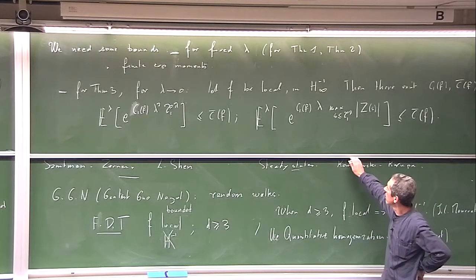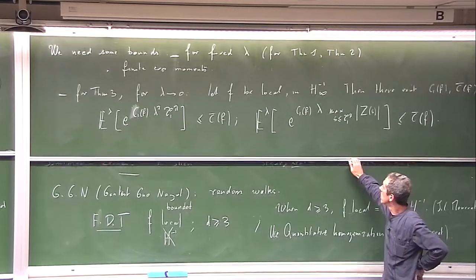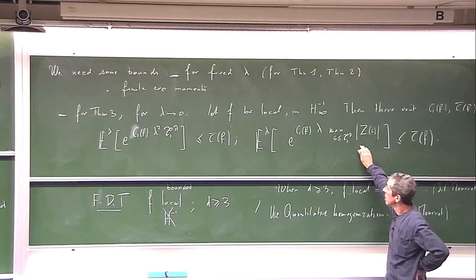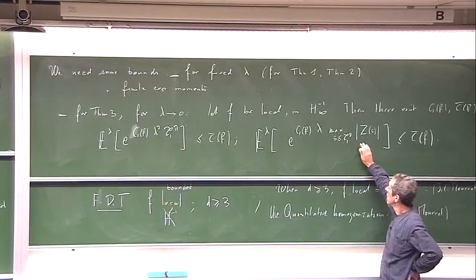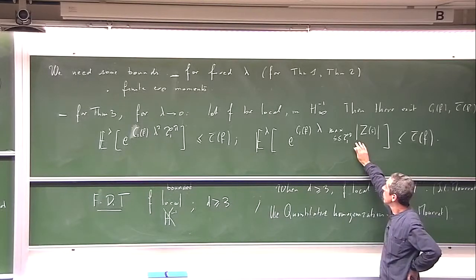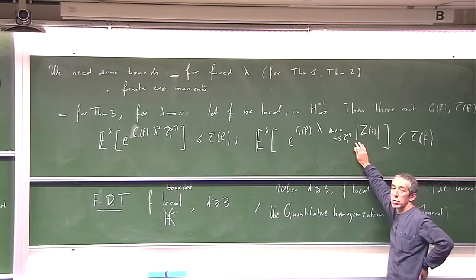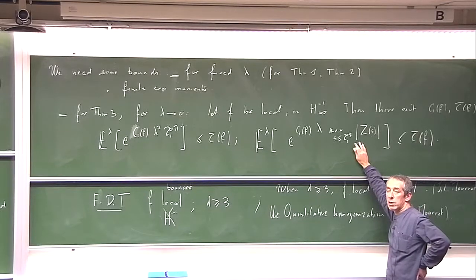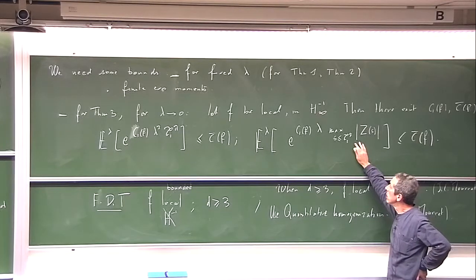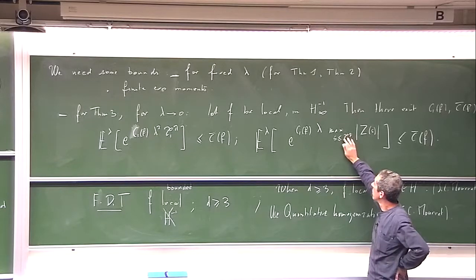One thing which is clear from, for instance, this kind of estimate: if you really want this to hold, then you have to impose that F is in H-1. This would not be true if F is not in H-1, because then the additive function is going to grow linearly. Tau1 is of order 1 over lambda squared.